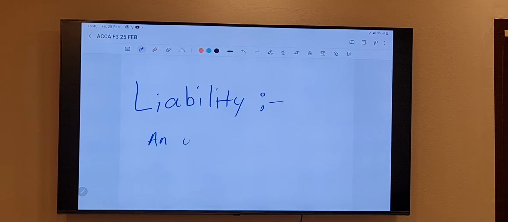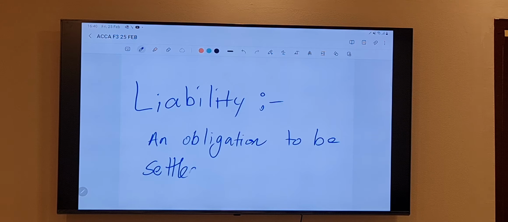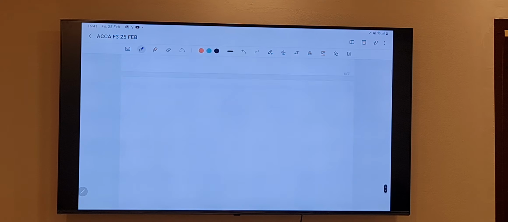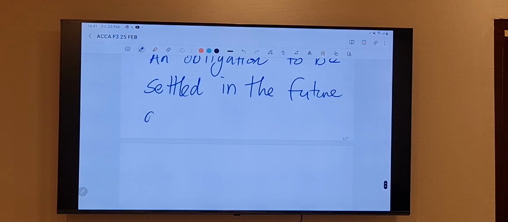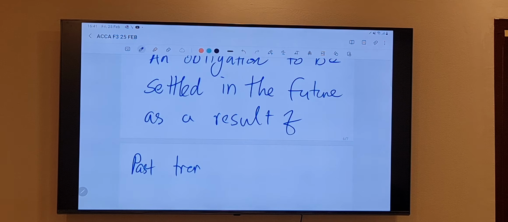An obligation to be settled in the future as a result of past transaction.